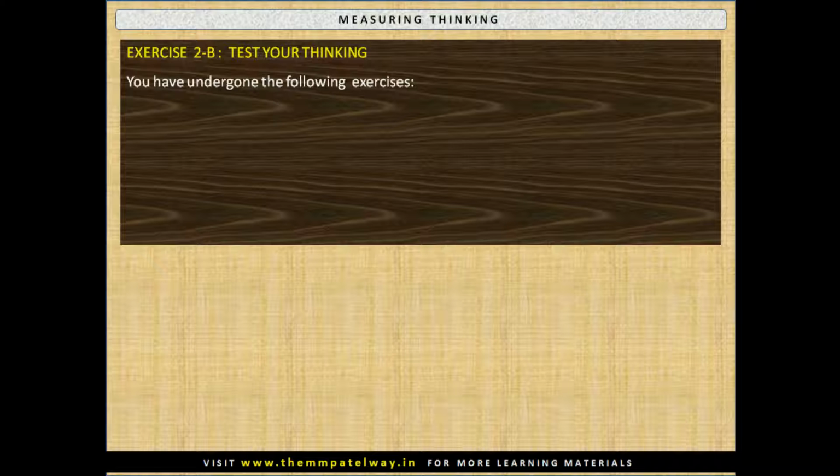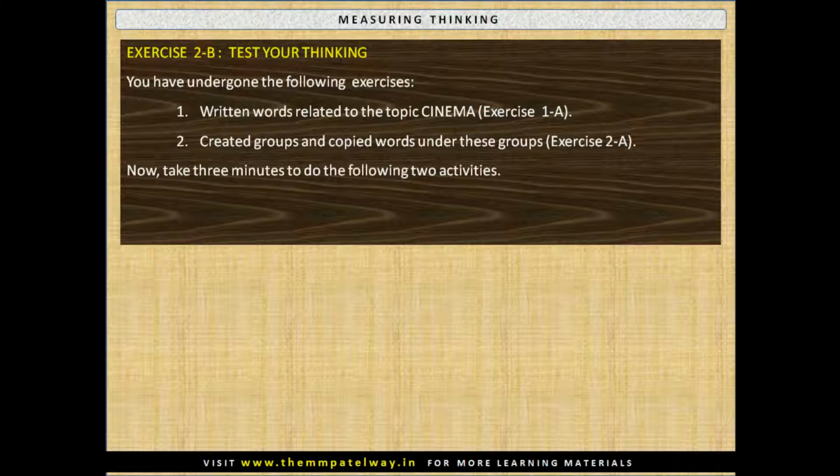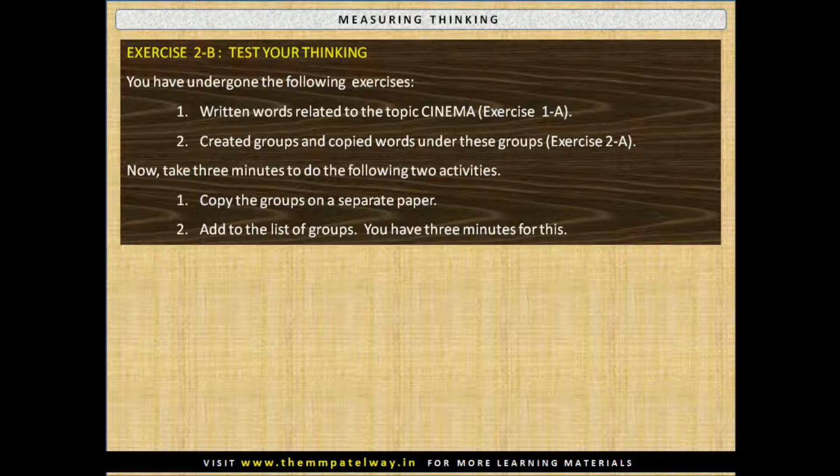You have undergone the following two exercises. 1. Written words related to the topic cinema, and 2. Created groups and copied words under these groups. Now take about 3 minutes to do the following two activities. Copy the groups on a separate paper and add to the list of groups.